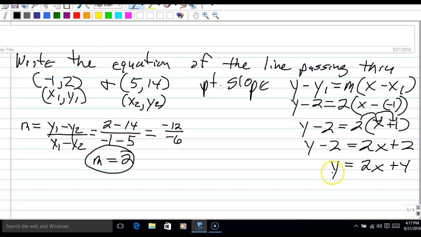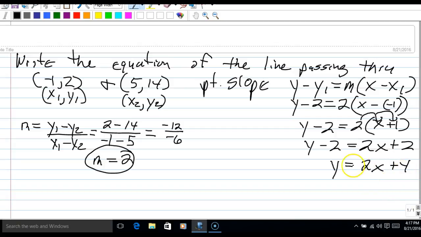Now, if I did this correctly, I could check this because both of these ordered pairs here should satisfy this particular equation. So if I take negative 1 and plug it in for x, that should give me a corresponding y value of 2. So if x is negative 1, 2 times negative 1 is negative 2.